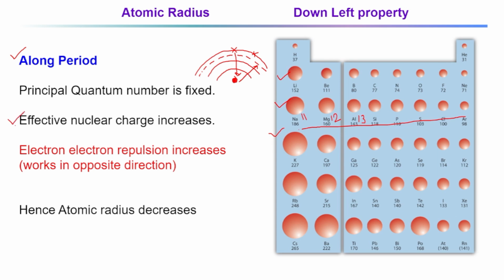The increase of effective nuclear charge is the dominant factor. So as you go from left to right in a period, the effective nuclear charge increases. Although electron repulsion increases, that is a minor factor. The electrons, the lovers, feel more attraction to the attractive girl, and the shells come down. That shrinks, because of which the atomic radius decreases. So along a period, the atomic radius decreases. Got it?